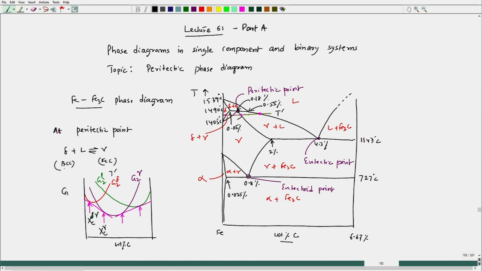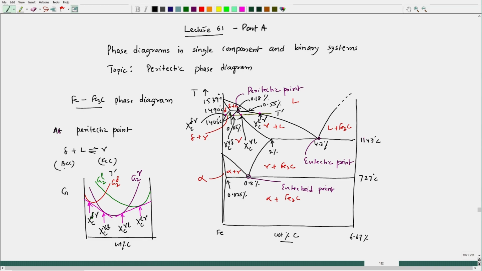This is xc of gamma in equilibrium with delta. This is xc of gamma in equilibrium with liquid. This is xc of liquid in equilibrium with gamma. Like that way 4 compositions can be marked.